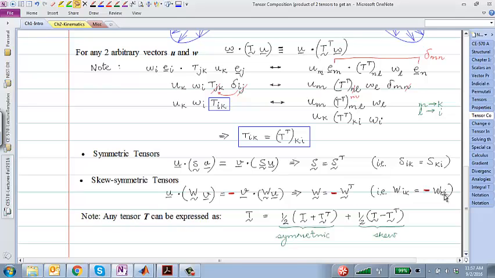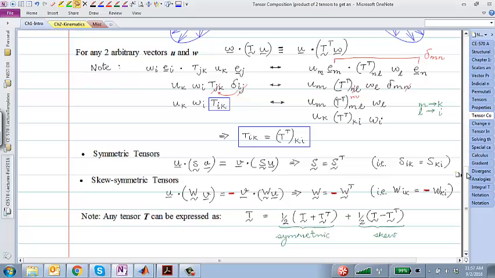So here's the question: what would be the diagonal entries of a skew symmetric matrix? 0. Indeed, for any skew symmetric matrix, the diagonal entries would be 0 and the off diagonal entries would be negatives of each other. For the symmetric tensor, off diagonal entries would be the same. Diagonal entries need not be 0. Okay.